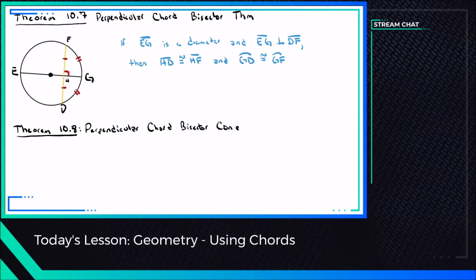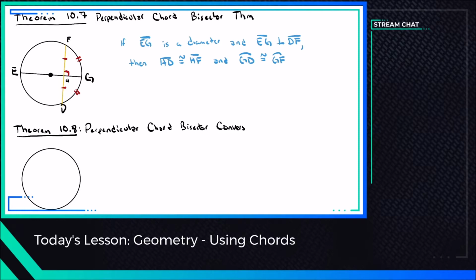And now the converse normally is when you say then if. So we would say if this yellow chord is bisected, then the arcs are congruent, then the following line must be the diameter. So we'll draw that up real quick.